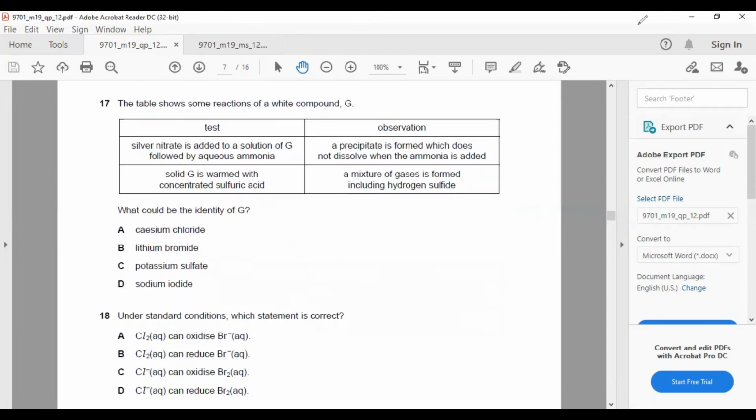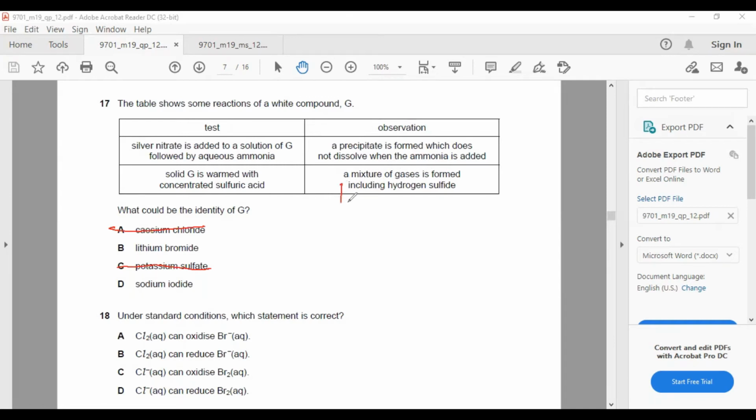17, about halogens. We know silver nitrate is added and a precipitate forms that does not dissolve when ammonia is added, so it cannot be chloride. Solid G is formed with concentrated sulfuric acid.